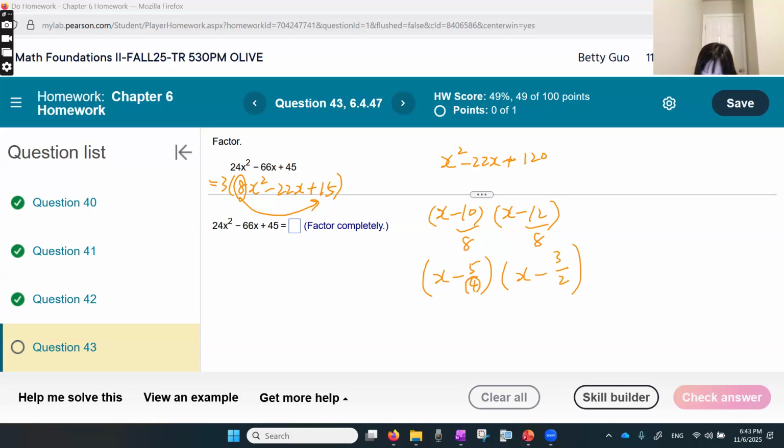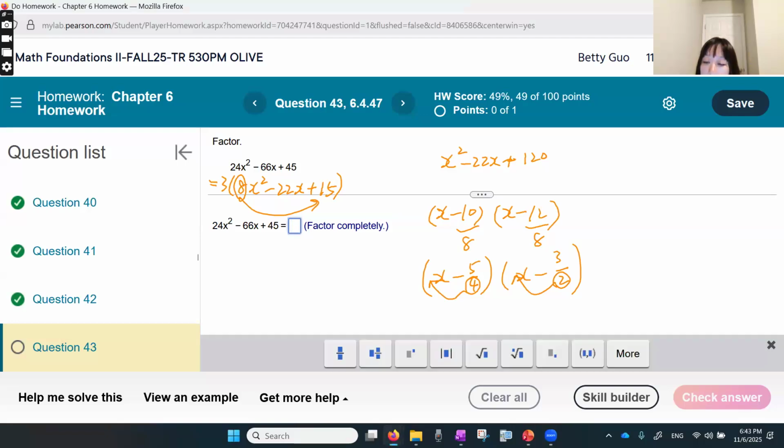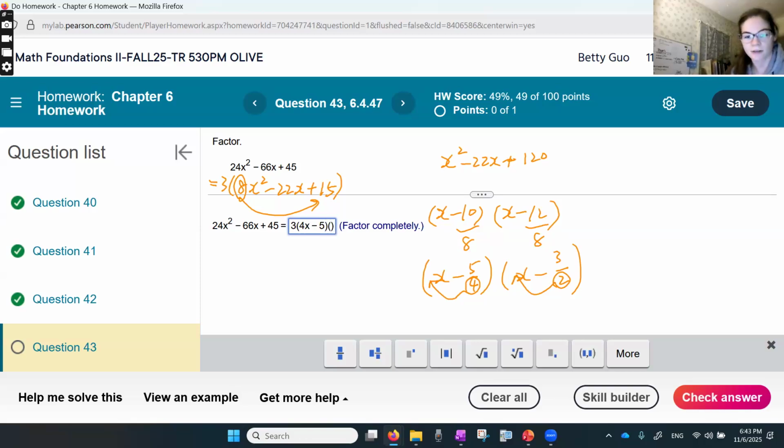Slide it back. So the final answer, don't forget we have 3, times parentheses: first parentheses 4x minus 5, second parentheses 2x minus 3. There we go.